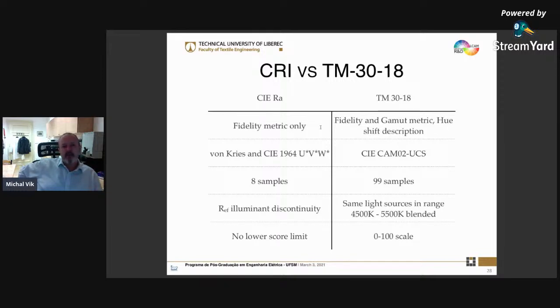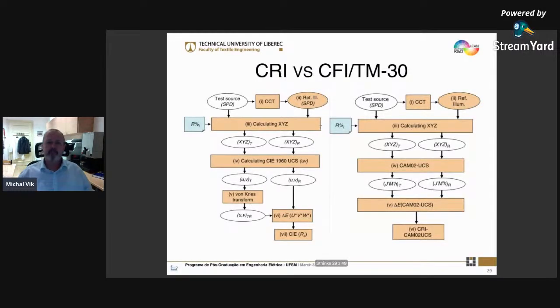That means for some light sources you can obtain negative values, a negative color rendering index. In the TM-30 system, the Rf scale is from 0 to 100 for simple understanding of the exact meaning of color rendering. If we compare both methods, at first point of view they appear almost similar.